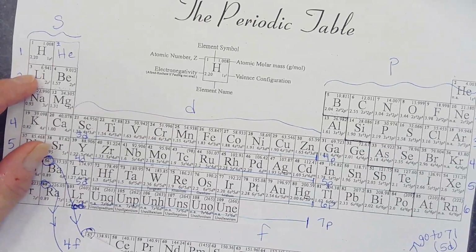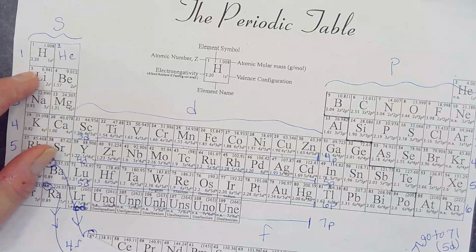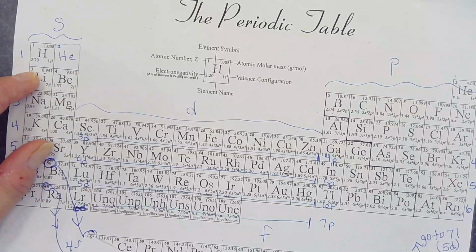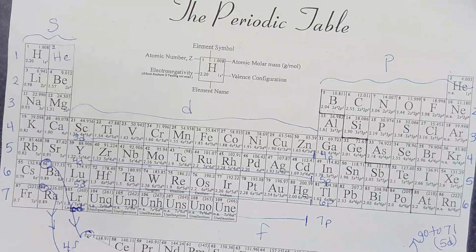So you start up here. Lithium has a total of how many electrons? 3. Where are the first 2? Remember, electrons are lazy. They're going to fill up low energy first. So where are they going to fill up first? Which S? 1s.